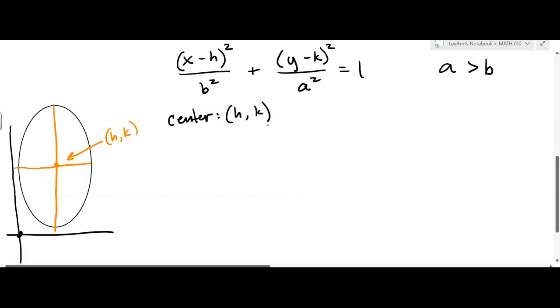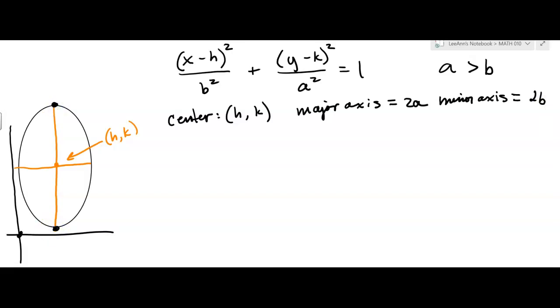And the major axis, the length of it is still 2a, and the minor axis, the length of it is still 2b. Okay, but our vertices are going to be here and here now, and our foci are going to be here and here.